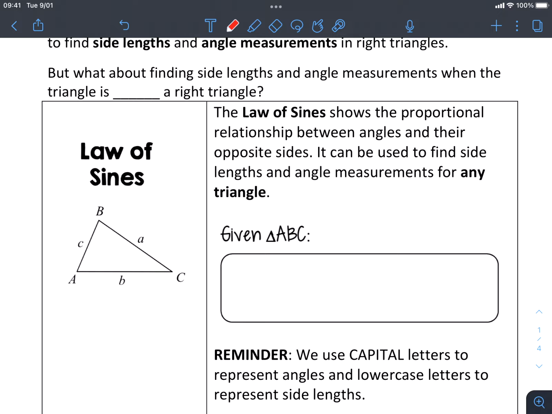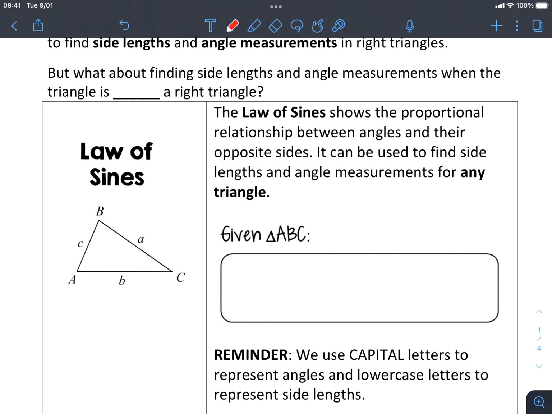But the law of sines essentially states that if I have a triangle like this one on the left here, that is ABC, the capital letters represent the angles, and the lowercase letters represent the sides. The ratios that can be made are equivalent.